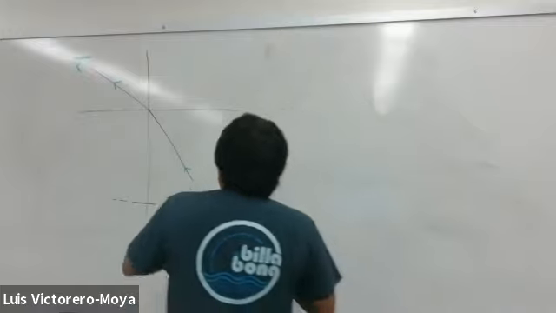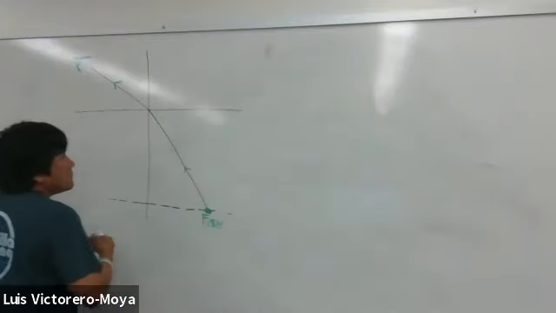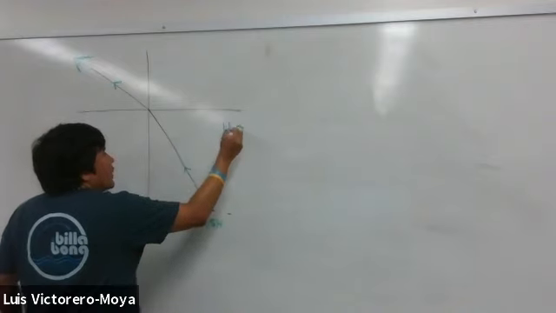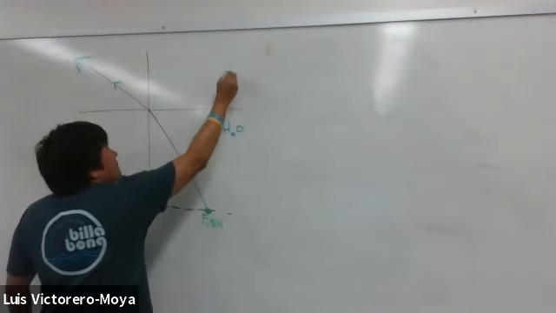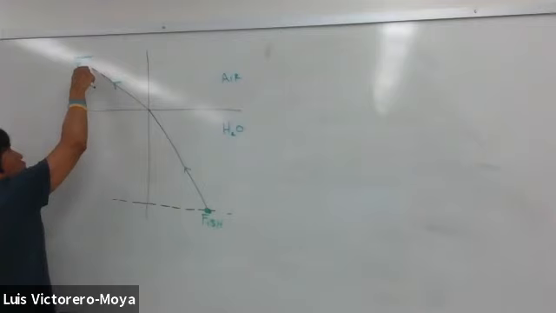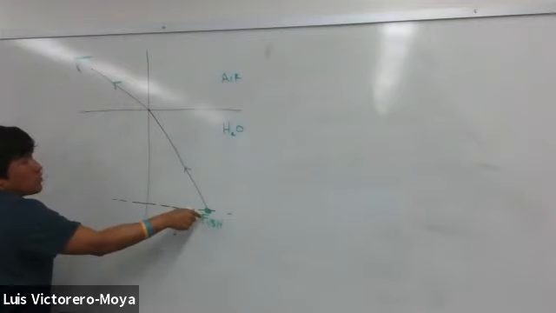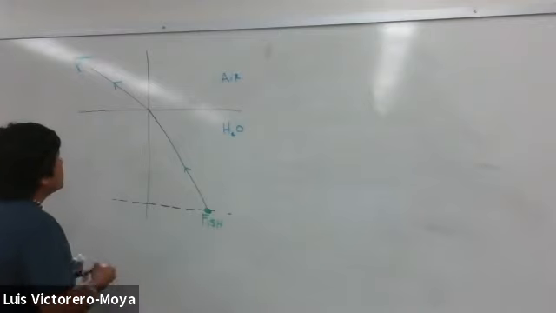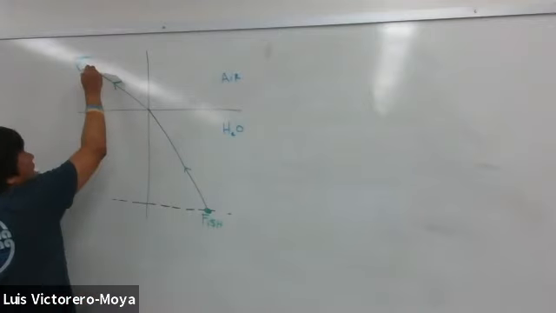However, because the fish is in water and you are outside, you don't look at the fish in that position. You look at the fish here. This is a refracted ray. This is where you are looking.